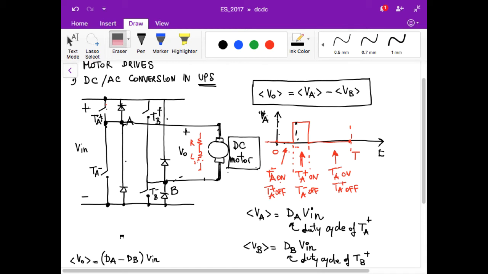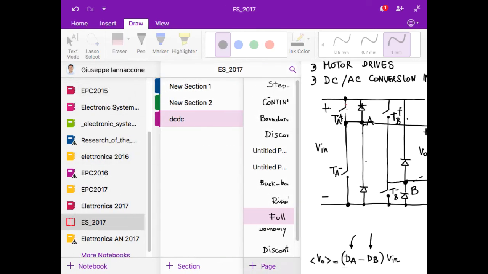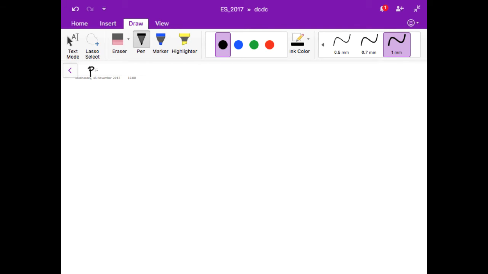So, how do we apply these two duty cycles? Let me show you just a couple of examples. One example that we can use, and it's very common, is the so-called PWM with bipolar voltage switching.